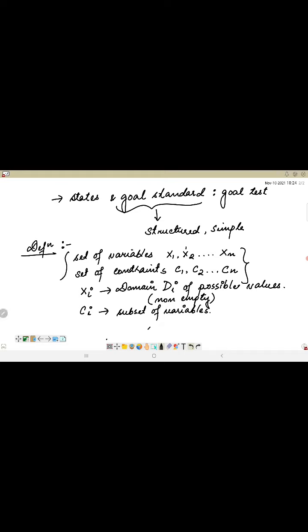So these are the four parameters associated with a CSP. It is defined by a set of variables and a set of constraints, and each variable xi has a non-empty domain di of possible values, and each constraint ci involves some subset of variables and specifies allowable combinations of values for that subset.